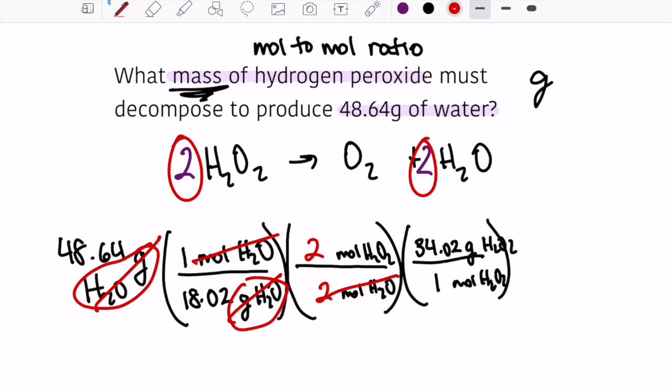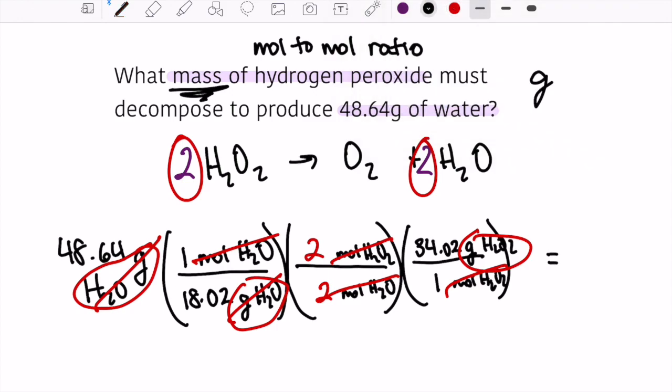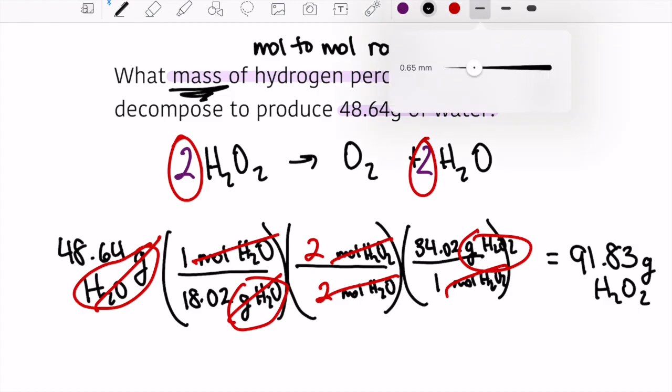Then you can cancel out those moles of H2O2, and you end up in grams of H2O2, which is the unit your answer should be in. So I'll give you a couple seconds to calculate that. Okay, and you should have gotten 91.83 grams of H2O2.